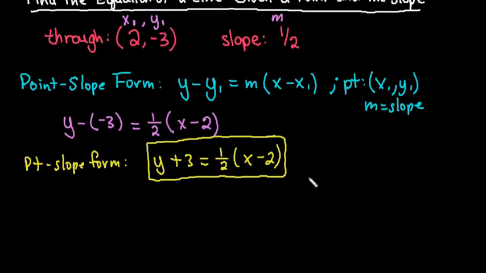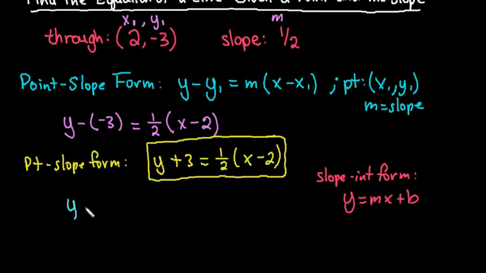And so slope-intercept form, which is the most commonly used form of a line, is y equals mx plus b. So what we're going to do is solve for y. We're just going to take this equation and solve for y. To get y by itself, we need to distribute the 1/2 into the other side. So we would have 1/2 x, and then half of -2.